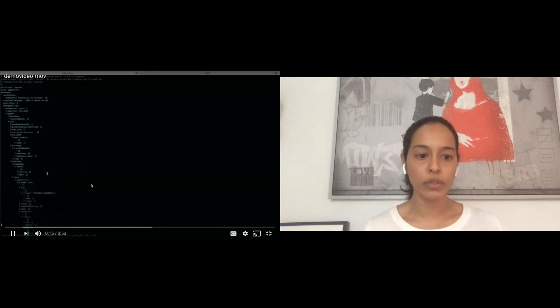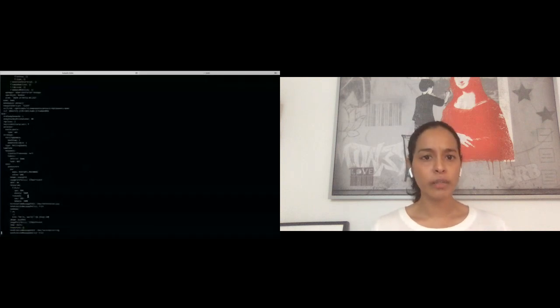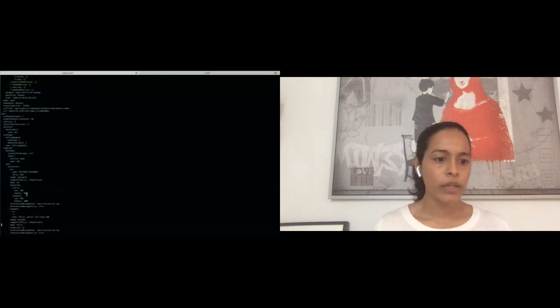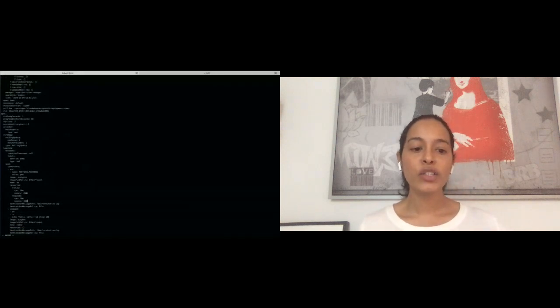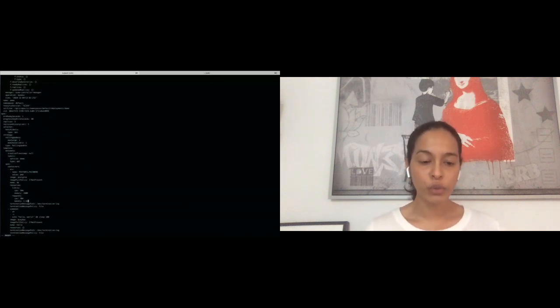Another thing to note is that my Minikube setup, my cluster, has about 4 gigabytes available to it, and it has 2 CPUs. So what I'm going to do here is ask for 1.5 gigabytes of memory to run my application to begin with.